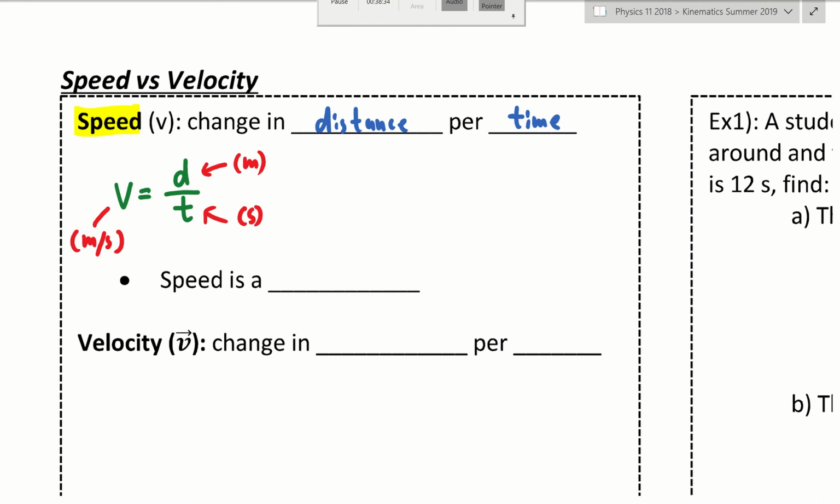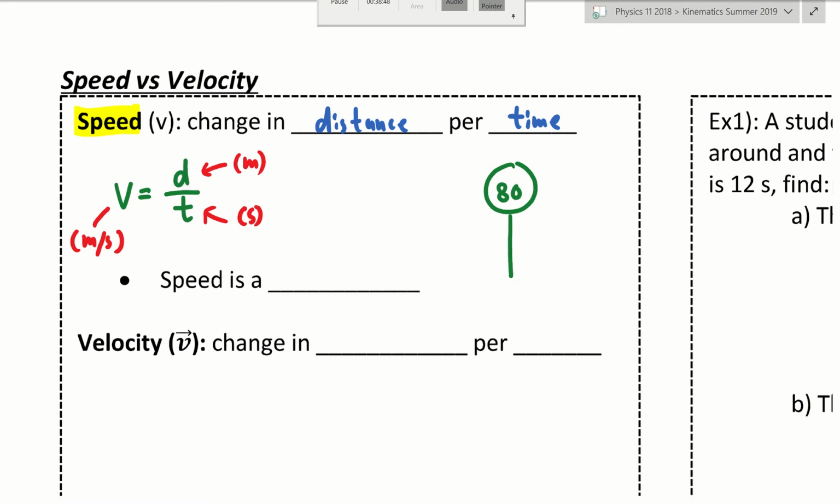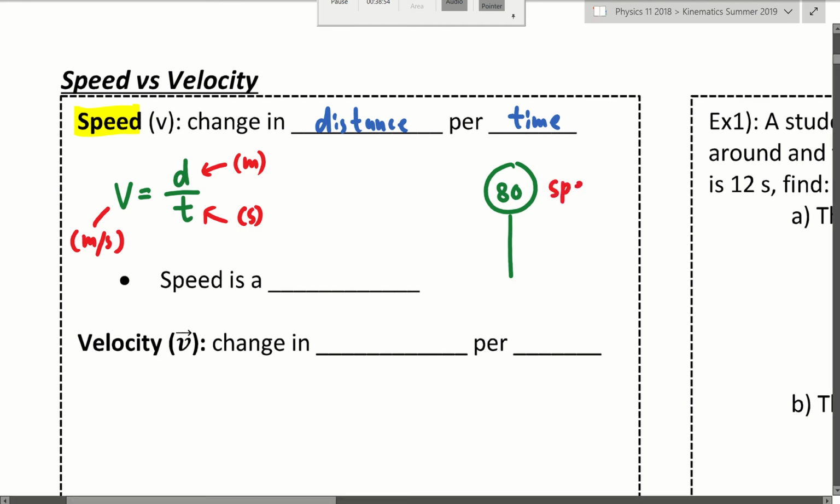Now, for example, when you go out and you see a speed limit, that's called a speed limit, not a velocity limit. When you're driving on a highway, you see a sign that says 80. Does that tell you the direction? No, that's why we call it a speed sign, not a velocity sign. No matter which direction you're driving, you cannot exceed this limit.